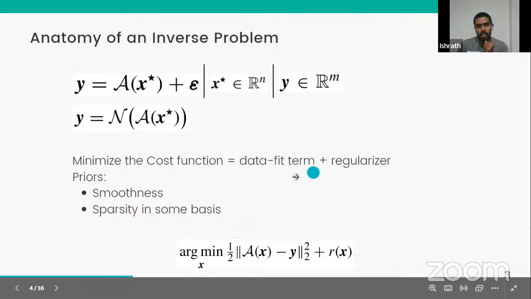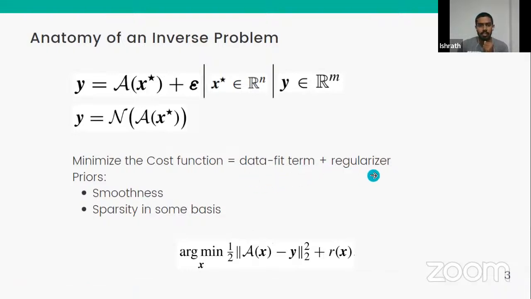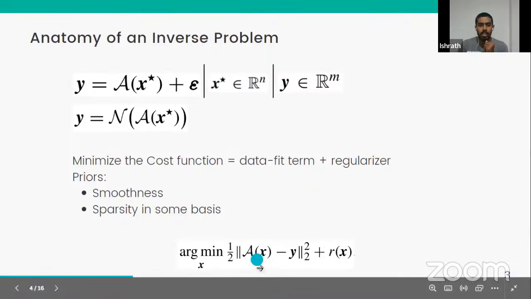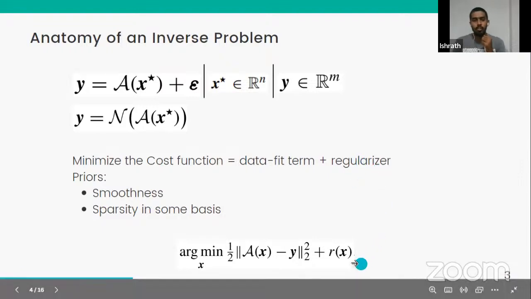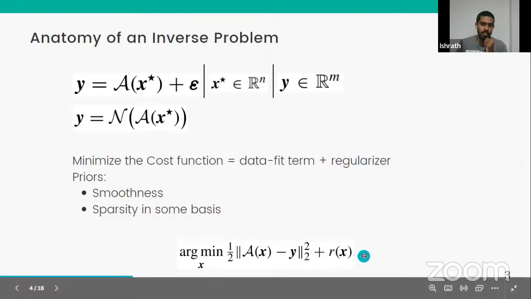This cost function has two terms: one is the data fit term, and the other is the regularizer. The data fit term denotes how well the estimate matches the measurement y, and the regularizer determines how well the estimate behaves under the distribution of our prior knowledge about x.